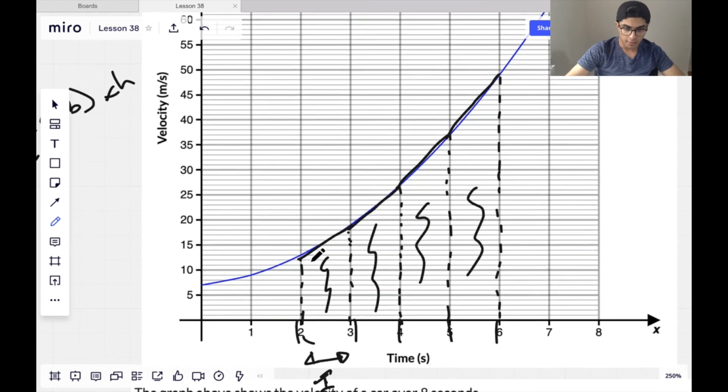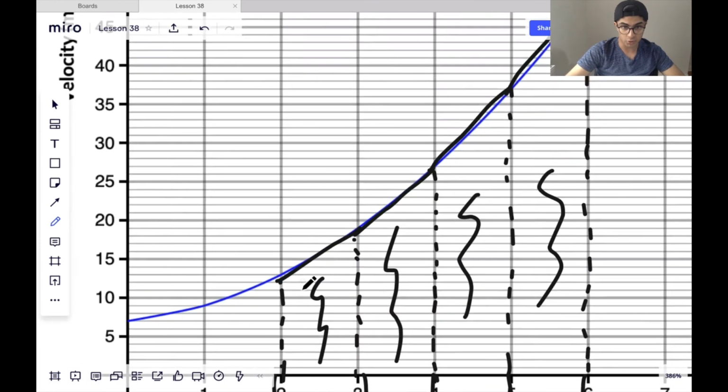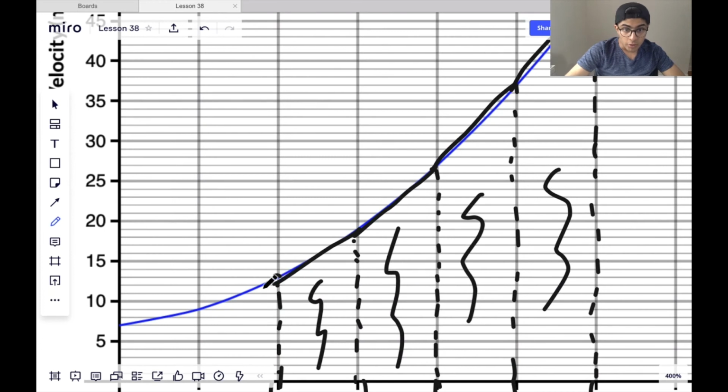A is, if we zoom in a bit, when it's 2, so what is that? 13. B is 15, 16, 17, 18, 19. So 13, 19.